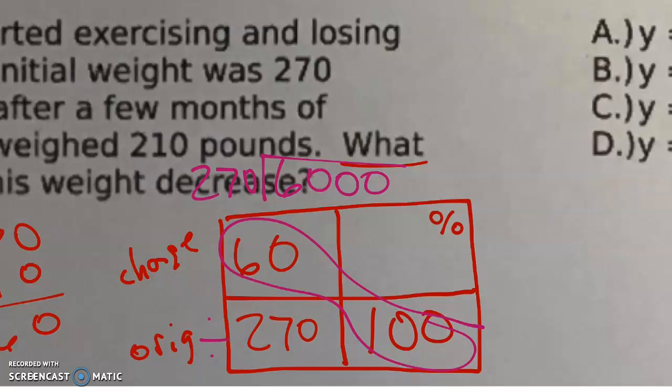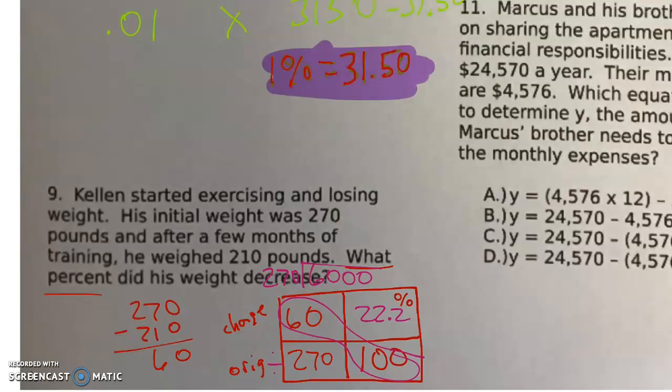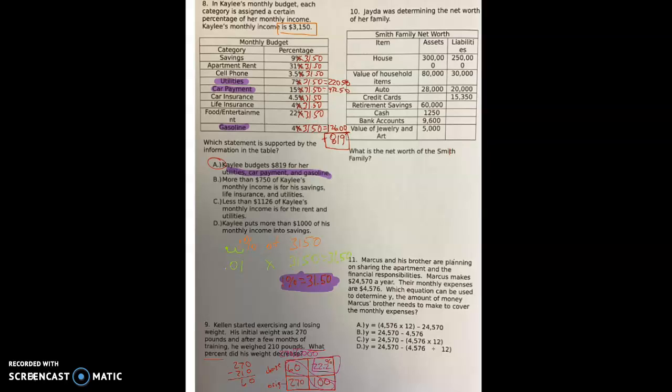Oops, sorry. That's not right. 6,000, sorry, divided by 270. There we go. Is 22.2%. Okay, which is fantastic.